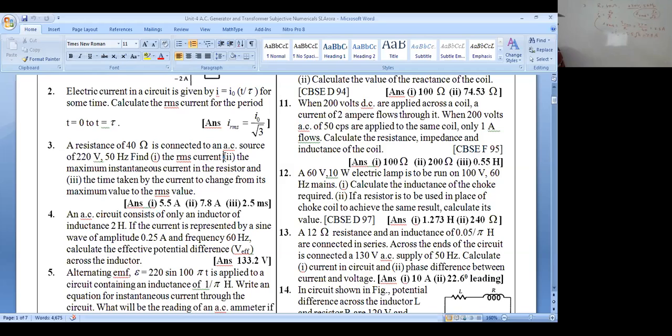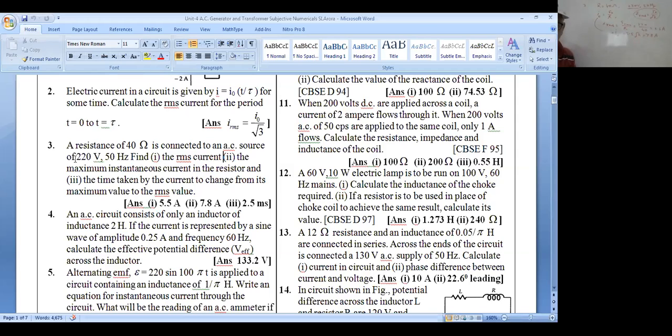And the time taken by the current to change from its maximum value to the RMS value. What is the time taken here? This is the final value, take the time. This is the initial value, the RMS value, take the time. The difference of time is the time taken to change over from RMS to maximum, or maximum to RMS.